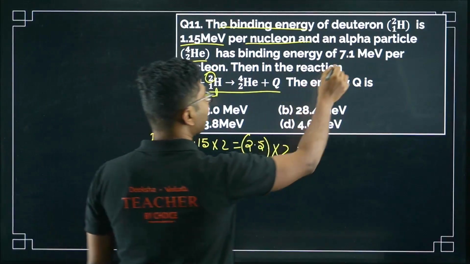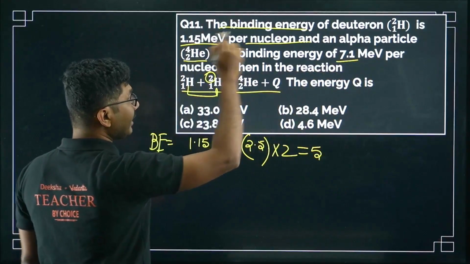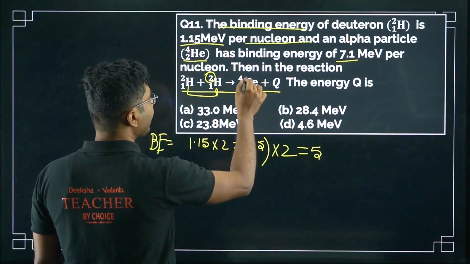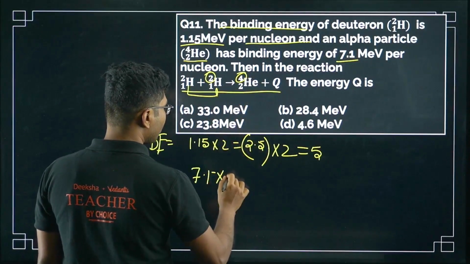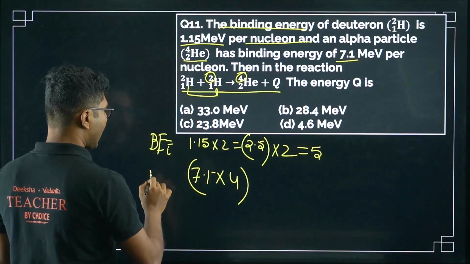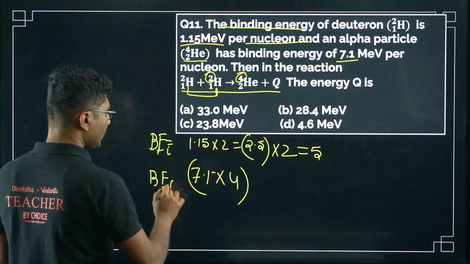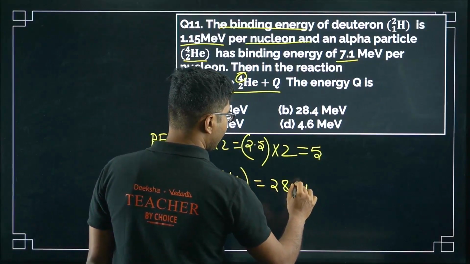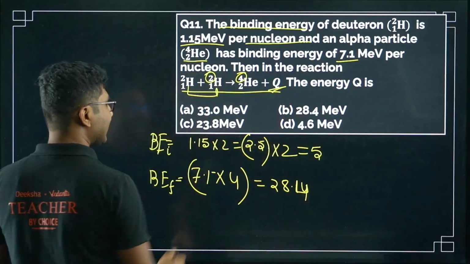And what is the final energy? It has 7.1 MeV per nucleon. How many nucleons are there? It has 4 nucleons. So this is the initial, and the final will be 28.4. So what is the extra energy that will be released?